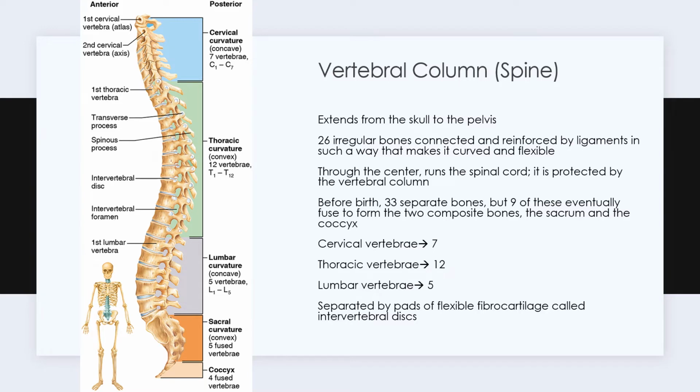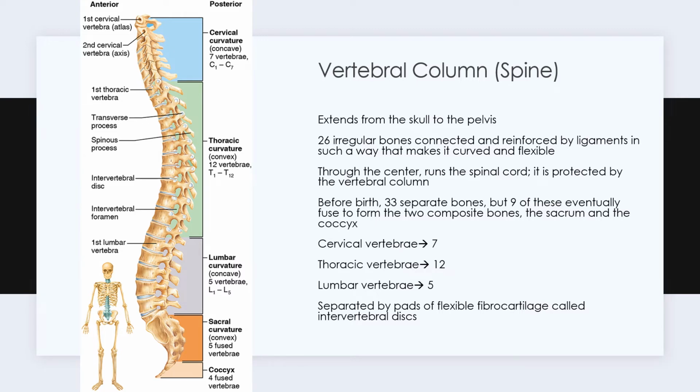We have the cervical vertebrae. There are 7 cervical vertebrae, 12 thoracic, so that's about your mid to end of your shoulder blades, down the majority of your back, and then your lumbar, which is 5. And down here at the end we have the sacrum and the coccyx.